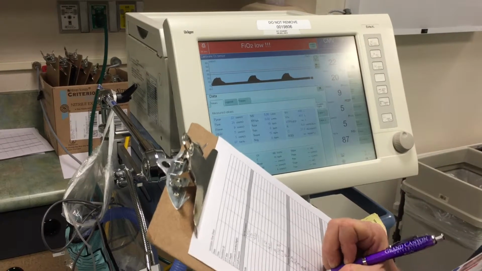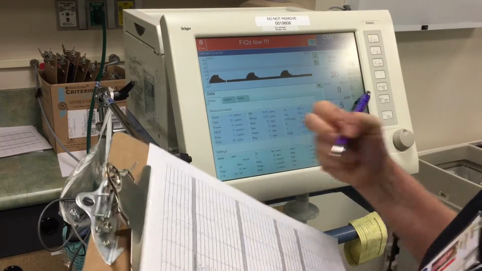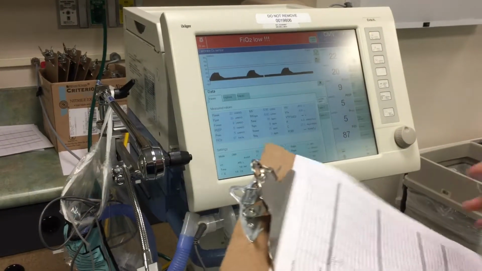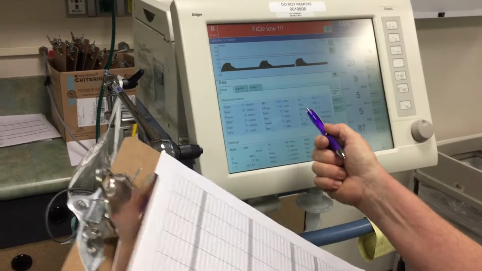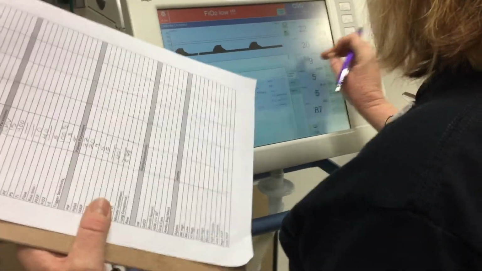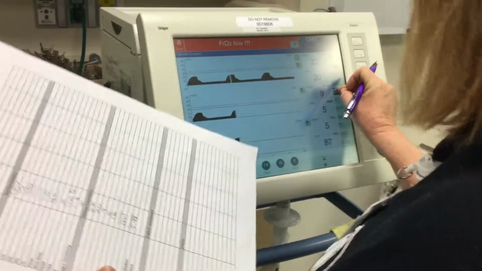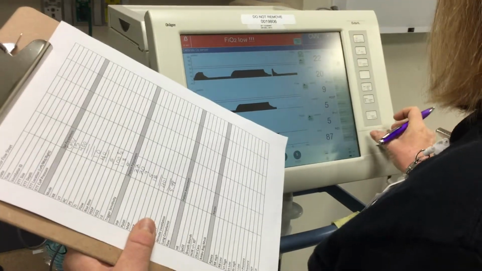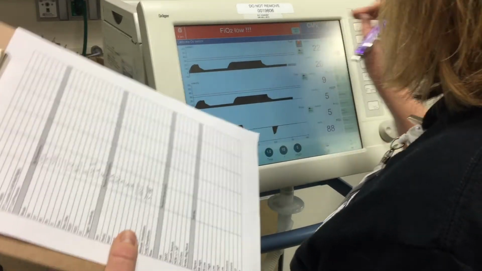5.98. And for compliance, I take the tidal volume, their set tidal volume, and do the inspiratory hold. So I'll get out of here, do my inspiratory hold, let go, and then I freeze my screen.